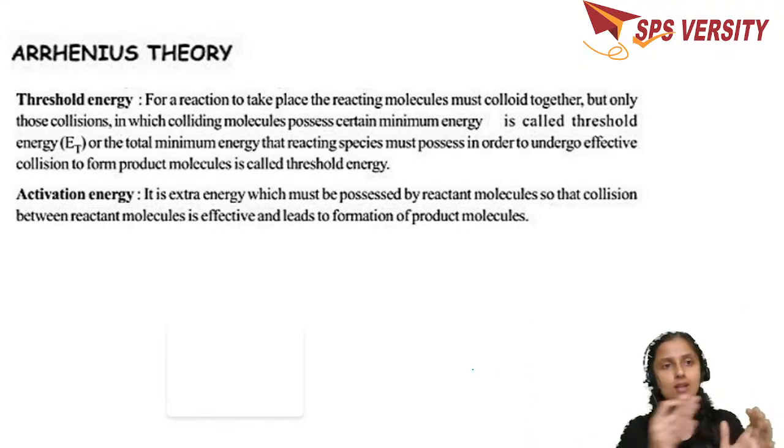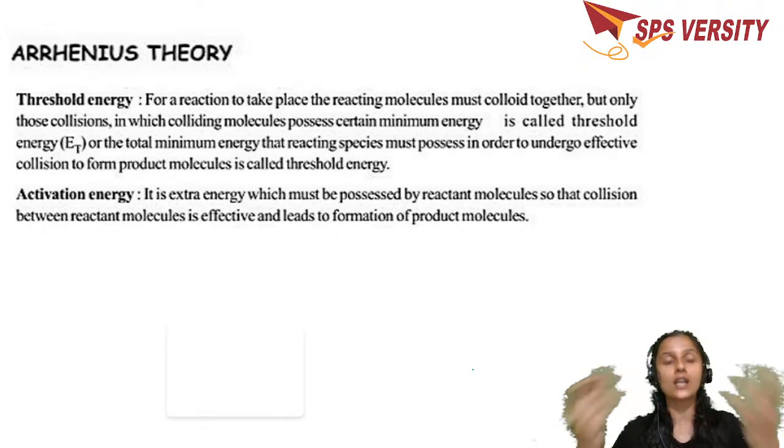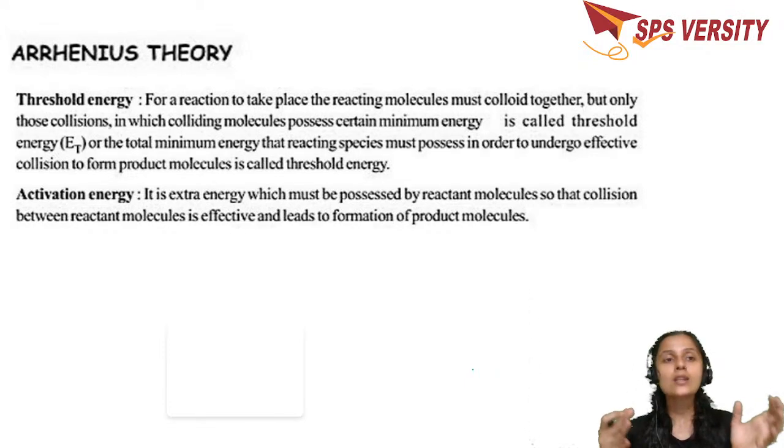From the previous studies, we know that the rate is directly proportional to the concentration of the reactant. So with an increase in the concentration of the reactant, the rate of the reaction is going to increase. Now when we come to Arrhenius theory, Arrhenius was a scientist who gave a theory which says the effect of temperature as well as the effect of catalyst on the rate of the reactions.